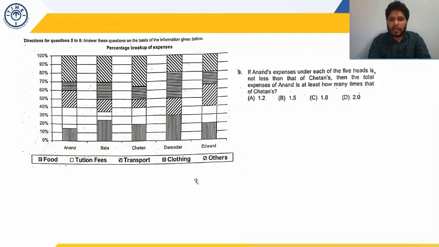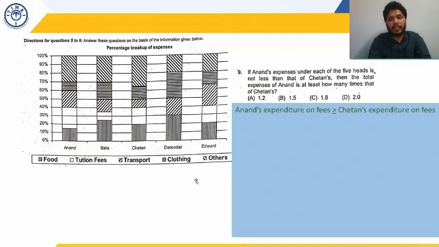If Anand's expenses on tuition fees have to be greater than Chetan's expenses on tuition fees, then what should be that factor? We need to find out. We know that Anand spends 25% of his expenses on tuition fees, and Chetan spends 20% of his expenses on tuition fees, and we want 25% of Anand's expense, which is A, to be greater than or equal to 20% of Chetan's expenses, which is C. So again the ratio comes out to be 4 by 5, or 0.8.